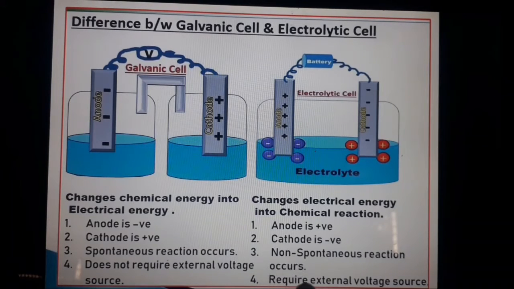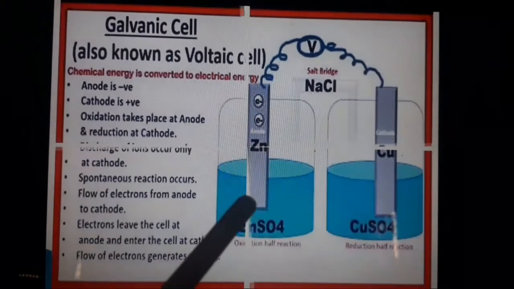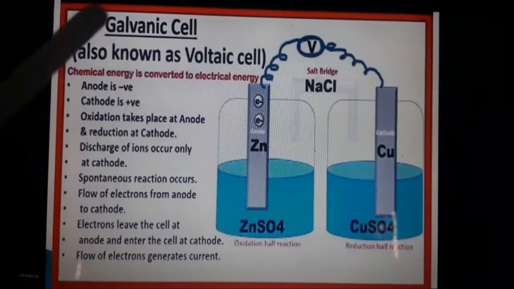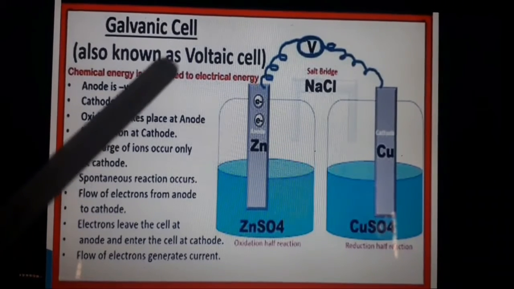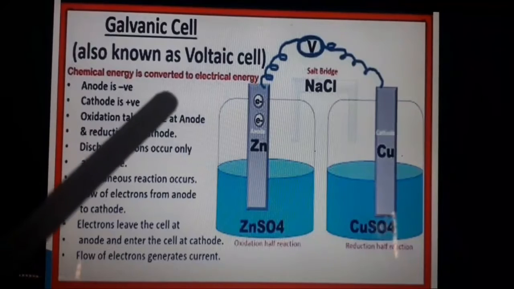It is a non-spontaneous reaction and requires an external voltage source. Next, we see the detailed study of the galvanic cell. The galvanic cell is also known as the voltaic cell.